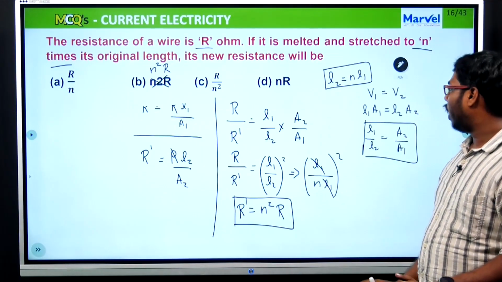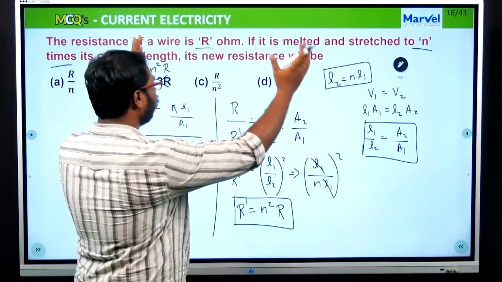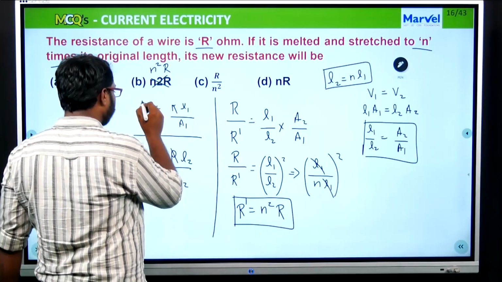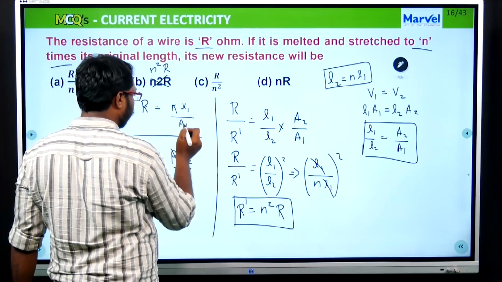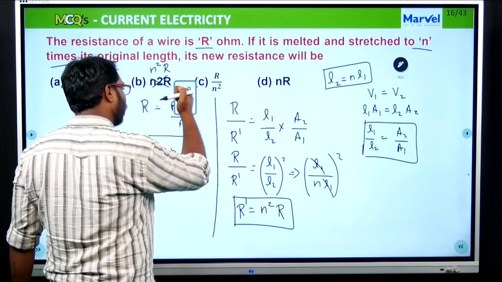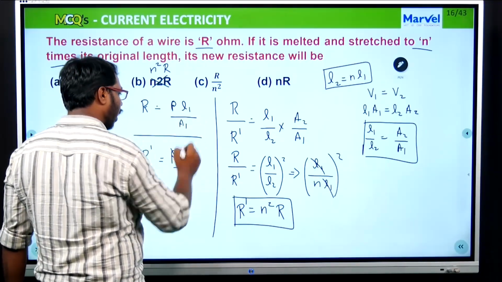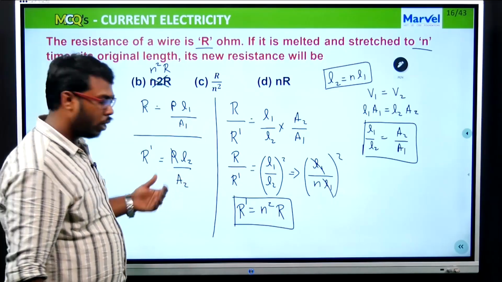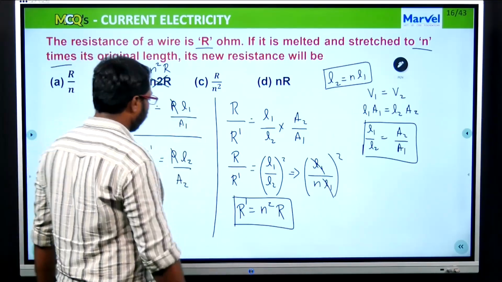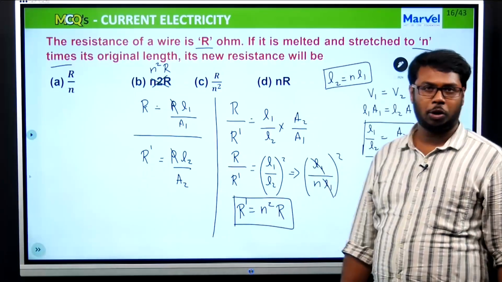Since it has two data with it, all you have to do is frame two equations and then compare the equations to get the answer. The first one is rho into L1 by A1, the second one is rho into L2 by A2, then rho and rho go down, and you accordingly compare and finish it off.